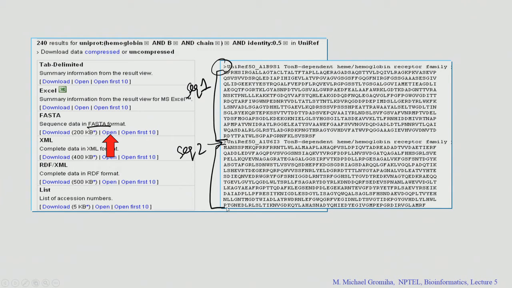So you can get all the 240 results based on the greater than symbol. You can understand, okay, the first sequence starts from M and ends with RSF. The second sequence started from MAN and ended with AMRF. Then you can separate the data and use it for the analysis.